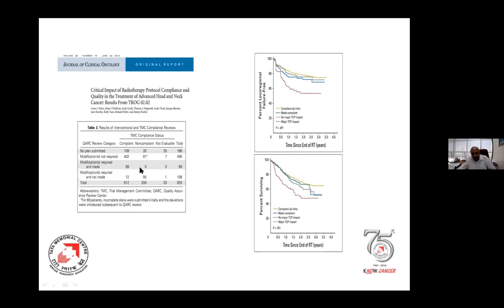And in these, some modification was required, which was unfortunately not made by radiation oncologists. So in a nutshell, what I'm trying to say is that 208 patients were technically non-compliant with the plan, so what we wanted to deliver and what they actually got differed. So these are the outcomes. What do we see? The patients who were compliant had the best outcome.